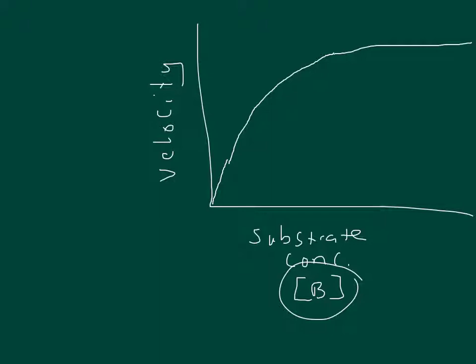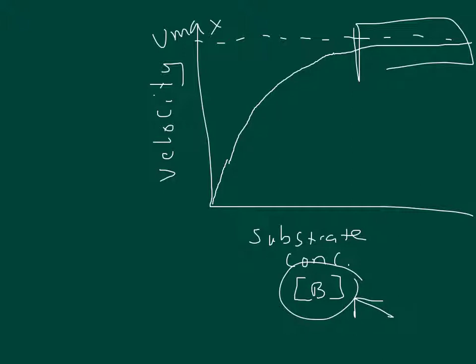The highest value that it can reach on the velocity is known as Vmax. This shows that the velocity is no longer dependent on the concentration. Once it hits Vmax right here, this makes it zeroth order kinetics. The rate at that point is independent of the substrate concentration.